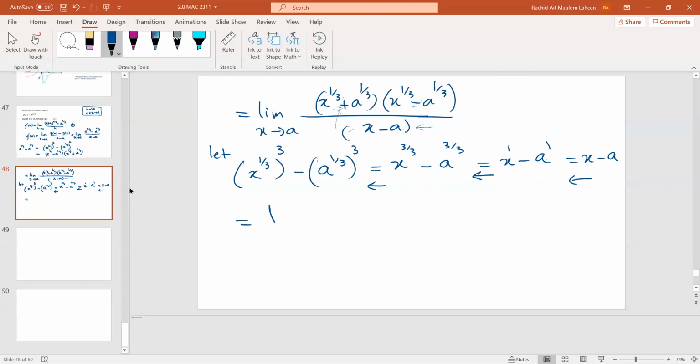So let's put the difference of cubes at the bottom, which is another equivalent form. Now we can use the difference of cubes formula, which says: you square the first one, multiply them, and square the last one.